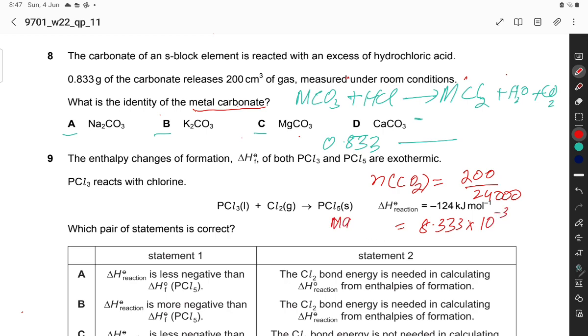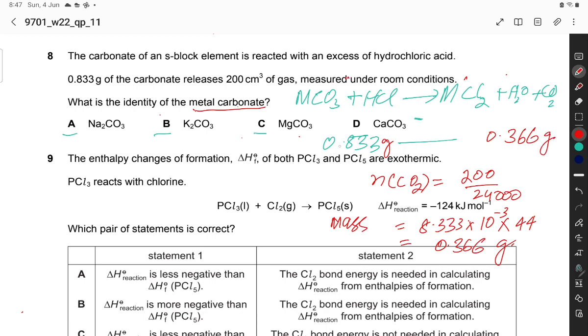So if we want to find out mass, it's multiplied by 44 of carbon dioxide into 44. The answer is 0.366 gram. So 0.833 gram producing 0.366 gram of carbon dioxide.